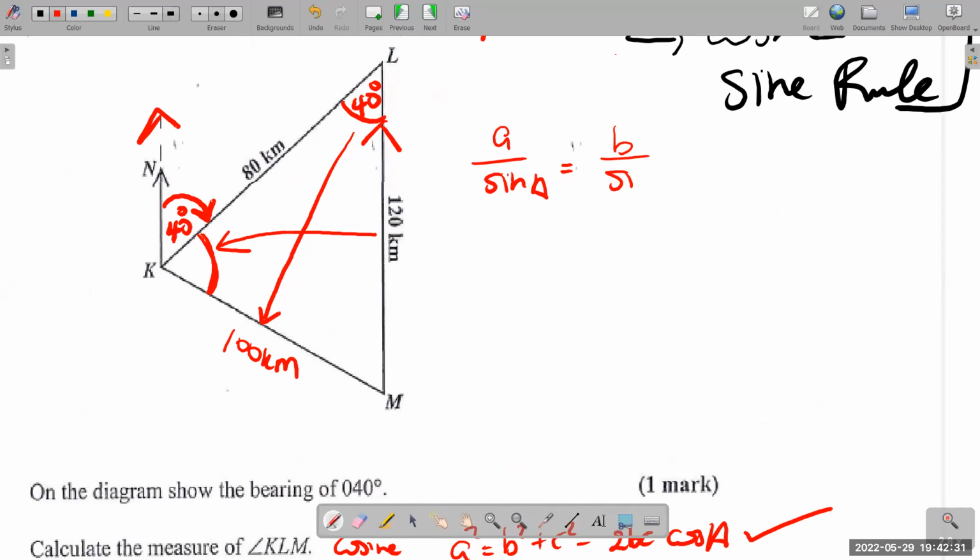B over sine B. So I want you to substitute the values for me. Let me see if you understand how to substitute. Let's go. What would be A? What digit is going to be A? The A on the top. Excellent. You use the two pairs that you have already. So you're going to put 100 above here.